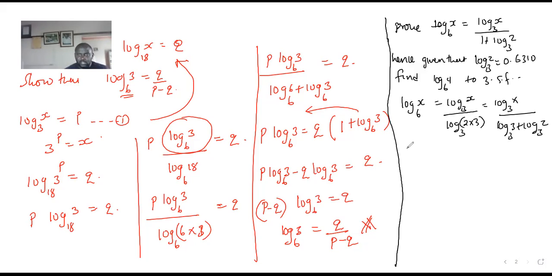You realize that log to base 6 of x is actually log base 3 of x over 1 plus log base 3 of 2. Hence proof.